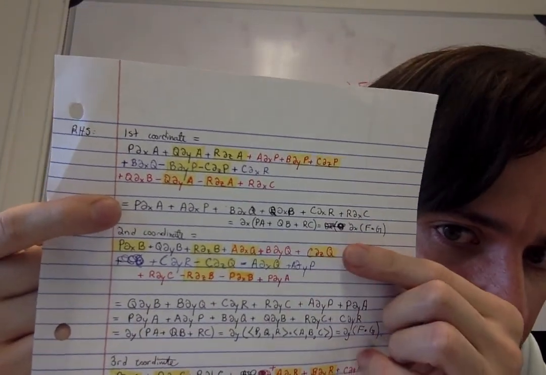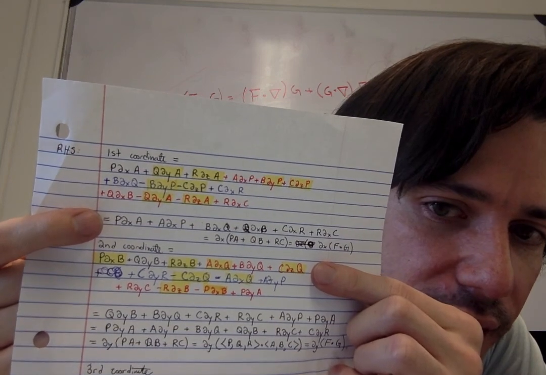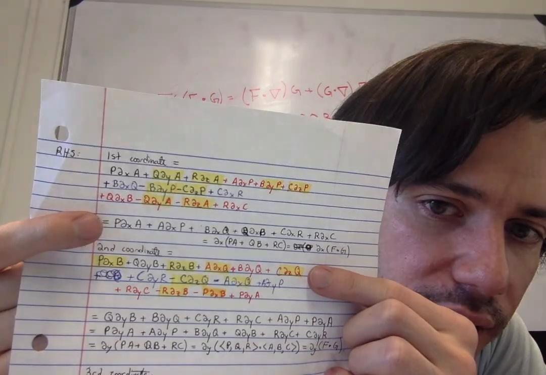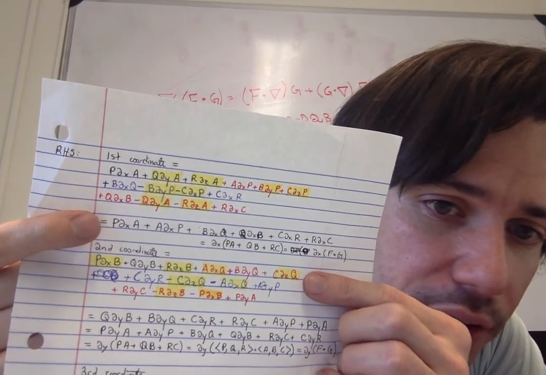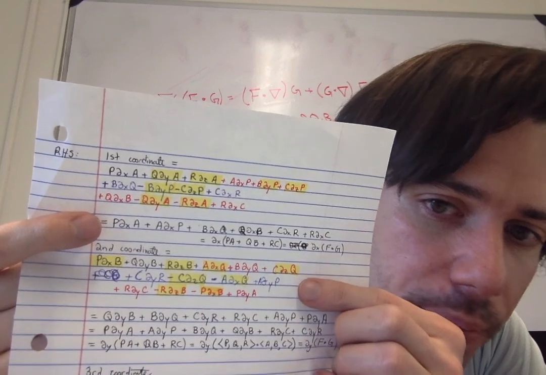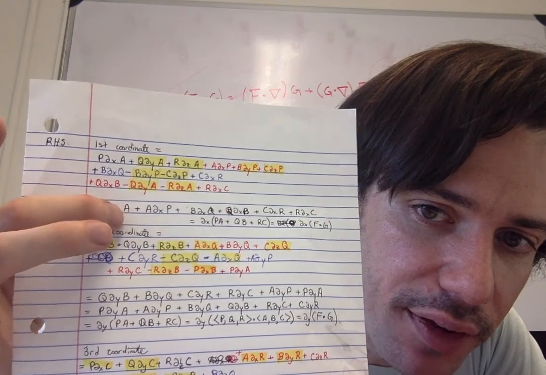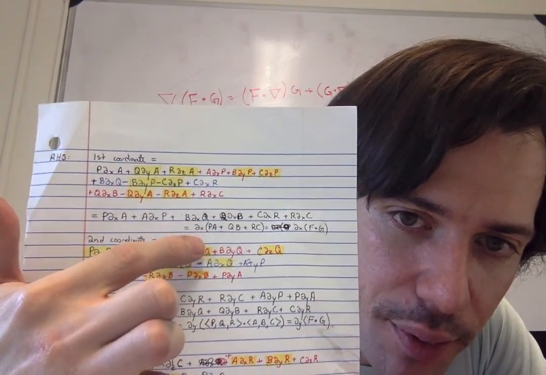Okay, so what I'm left over with is, strangely enough, P del x A and A del x P. Well, guess what? That's the product rule applied to P and A, right? So this term and this term, I can just write as the derivative of PA with respect to x.